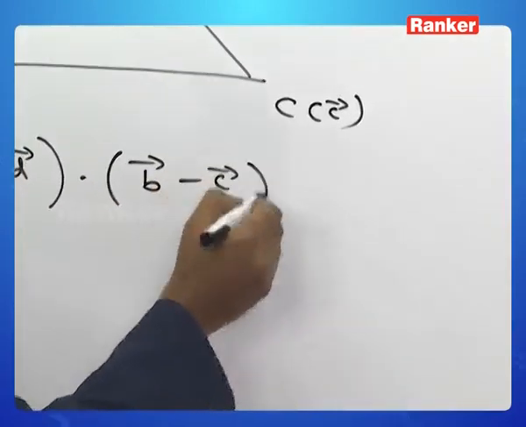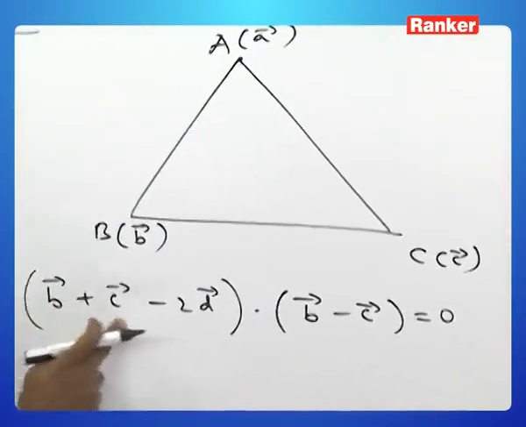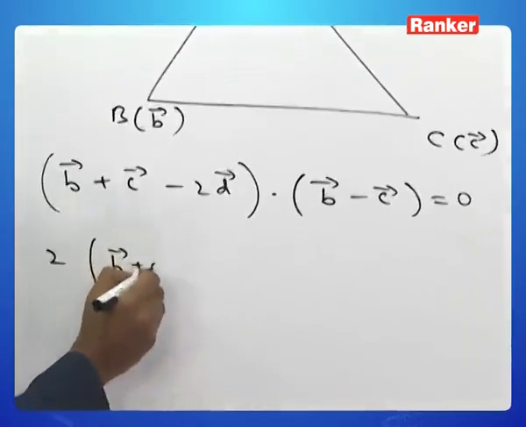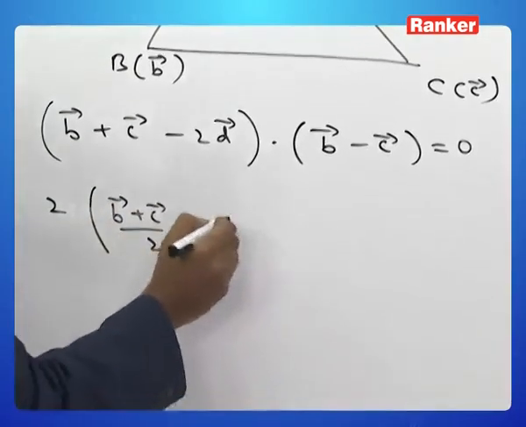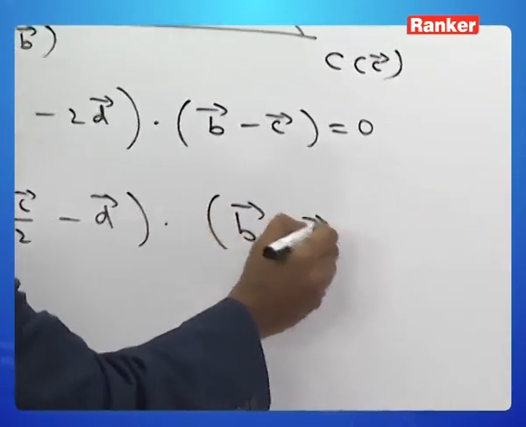That's one condition given. I will rewrite this equation this way. I will take out 2 common and write this as (B bar plus C bar by 2 minus D bar) dot product with (B bar minus C bar) is 0.